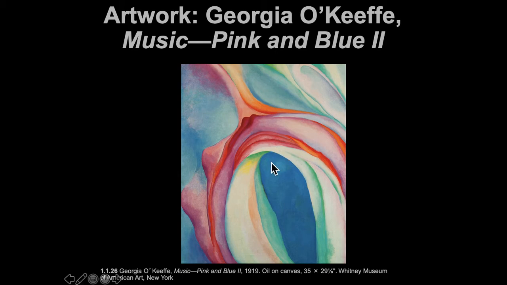The value of this blue brings us back. So this shape is to us a negative shape, if that makes sense. And then the positive shape is our pink curvature up here, right? So this is coming forward and this is receding.